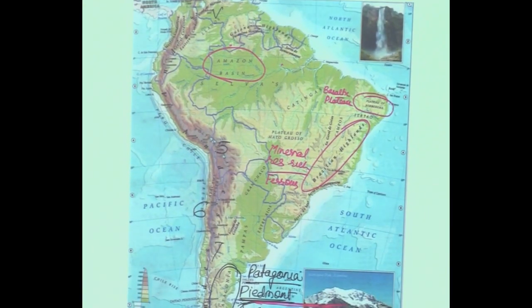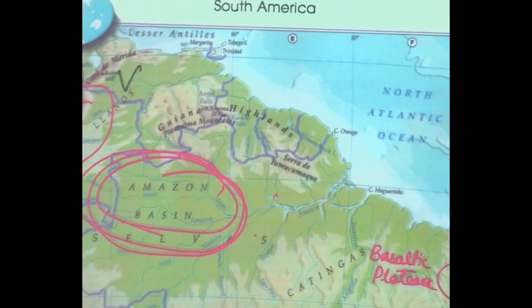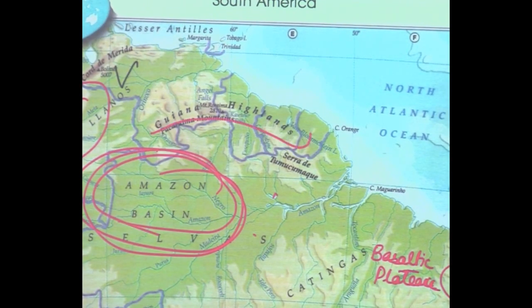I am repeating. Which are the major physiographic units that we correlate with South America? The physiographic units that we correlate with South America include the Andes Mountains, call them Cordilleras, Amazon Basin, Brazilian Highland, Patagonia Plateau, and not to miss out, let us take this also, Guiana Highland.